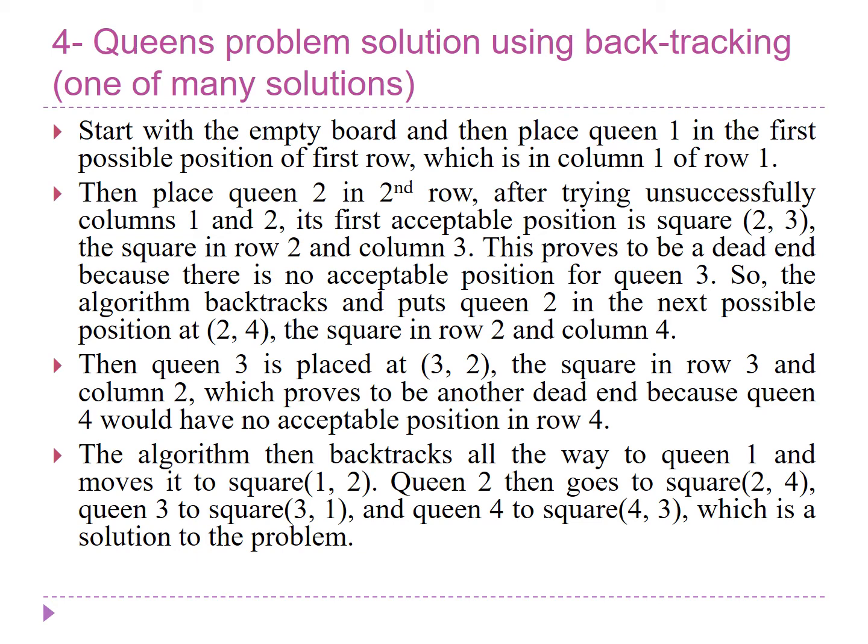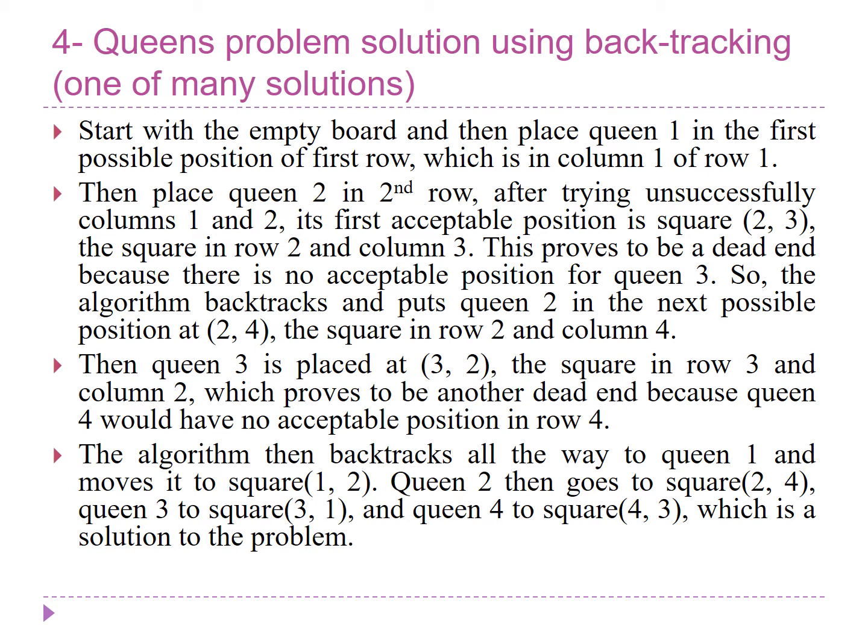Then queen 3 is placed at the square row 3 and column 2, which proves to be another dead end because the fourth queen has no possible squares to be placed in row 4. Then the algorithm backtracks all the way to queen 1 in row 1 and moves it to the square in row 1 and column 2.